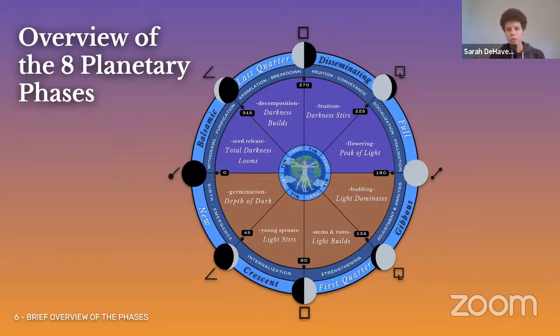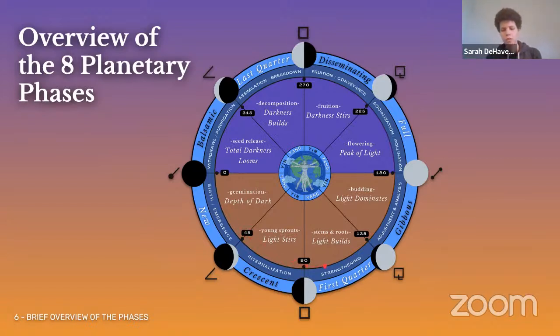I don't know if you ever sprouted seeds before, but the little root starts and the plant starts poking out from the seed casing, and sometimes the case is still kind of stuck to the plant, but the whole process here is the light is starting to slowly stir, and there's an internalization, a connection to that light that's a little more aware, still subjective, but a little more aware than from the new phase was coming from.